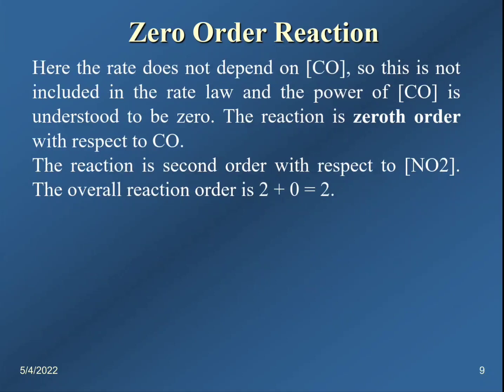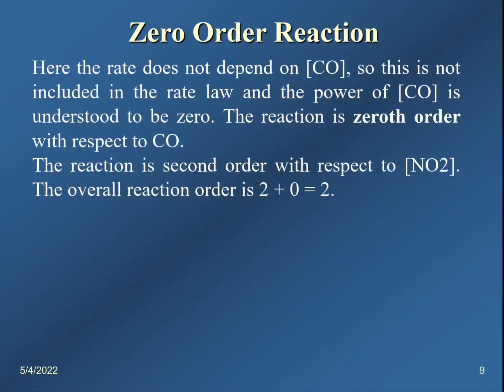For example, NO2 plus CO gives NO plus CO2. Here the rate law for this reaction is expressed as rate equals K into [NO2] raised to 2. Here carbon monoxide, whose concentration does not affect the rate of the reaction, is not included in the rate law.